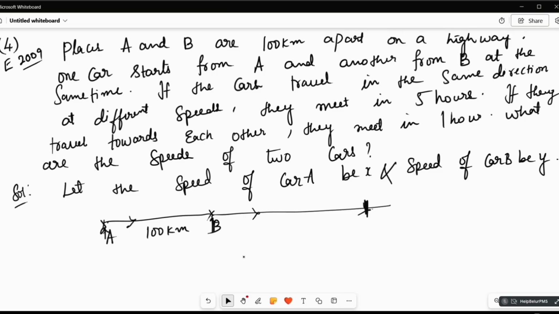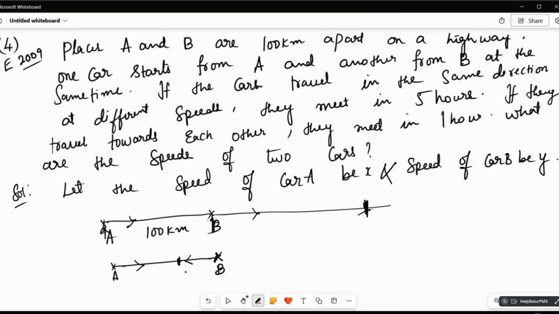And another condition given: if they travel towards each other, in the opposite direction, car A is moving in this direction and car B is moving in the opposite direction.